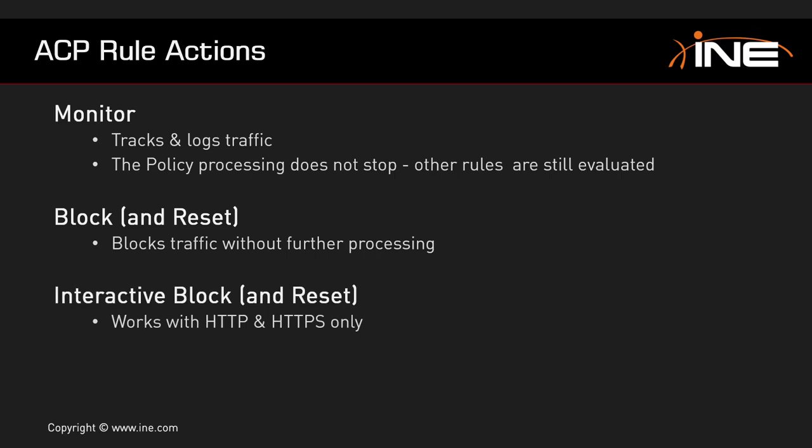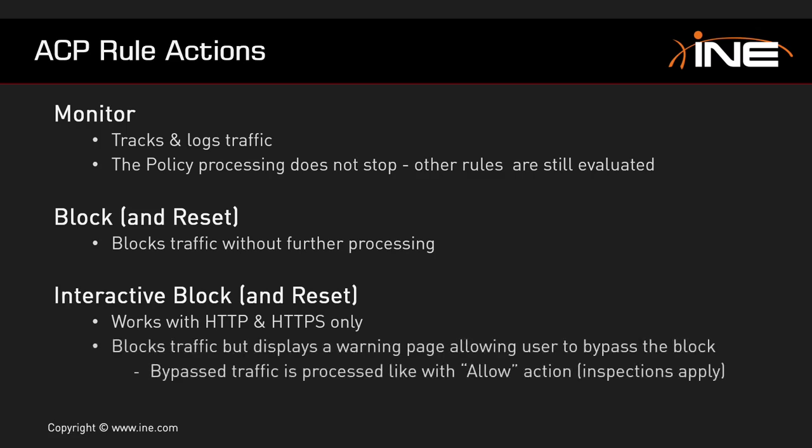Now, interactive block with an optional reset option is somewhat similar. The one difference is that this one is only going to work for web sessions. And what is going to be different from the block action is that at this time we will allow our user to choose whether we want to proceed with the session or keep the traffic blocked. Okay, what I'm trying to say here is that the user is going to be presented with a warning page.